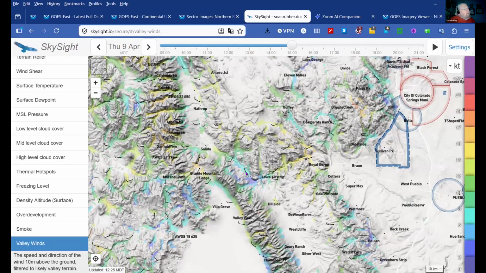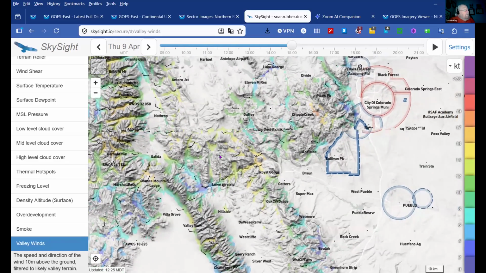As they came up the valley, this tailwind and crosswind turned into a headwind, and it knocked them down hard enough that they couldn't make it all the way back to the field. It's going to be a while because this is compute intensive, and we have such a huge area in the United States that this kind of tool would apply to. So it will be a while before that combined tool makes it to the United States.